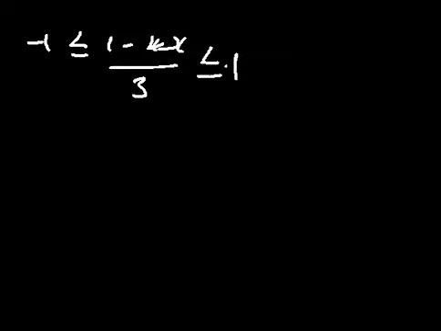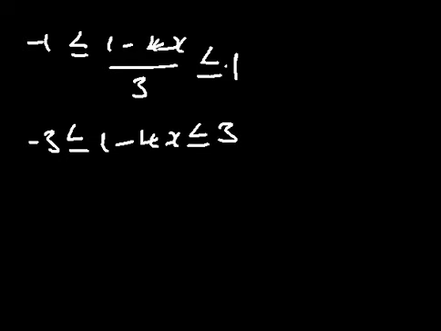So let's multiply everything by 3, and we have negative 3 less than or equal to 1 minus 4x less than or equal to 3. That is the way to go. Then we transfer 1 to both sides, this side as well as this side.